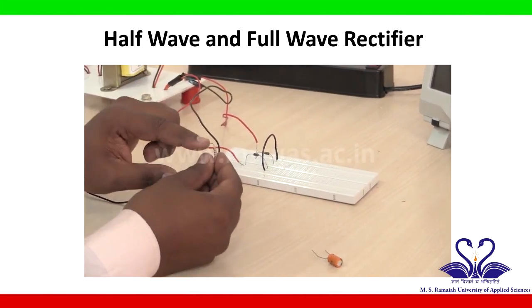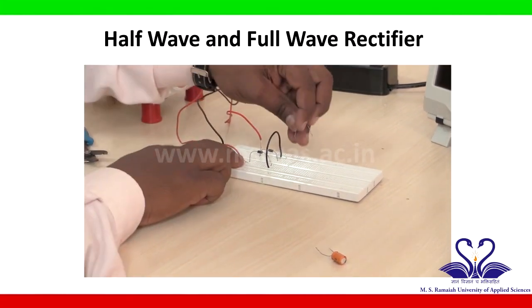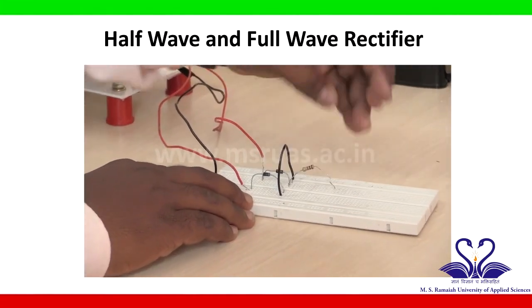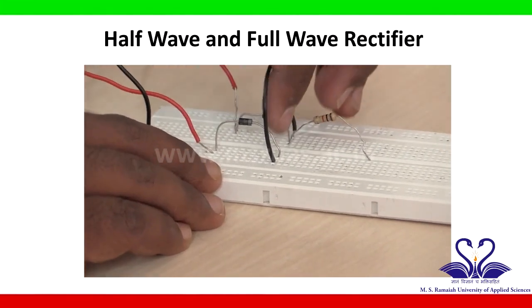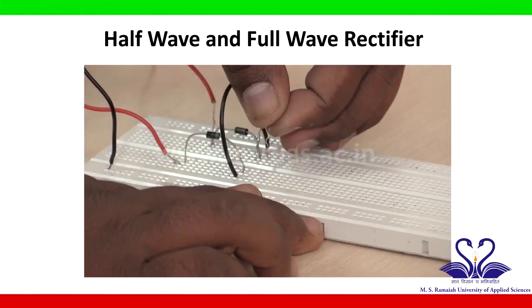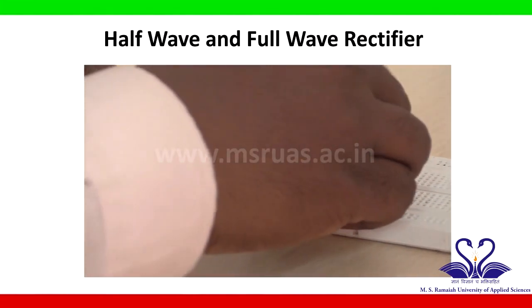This is a 1 kilo ohm resistor. I connect one end of the resistor to the shorted end of the diodes, and the other terminal of the resistor is connected to ground. So I will connect the other terminal of the resistor to ground.